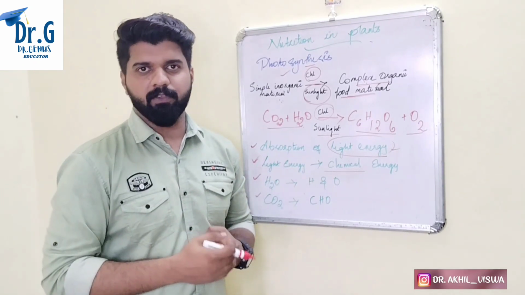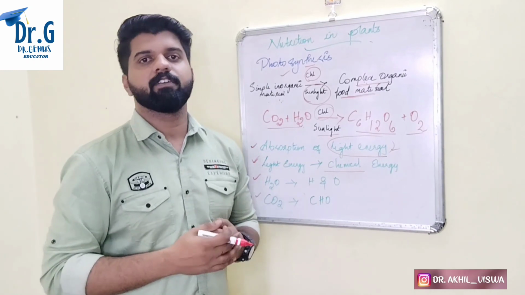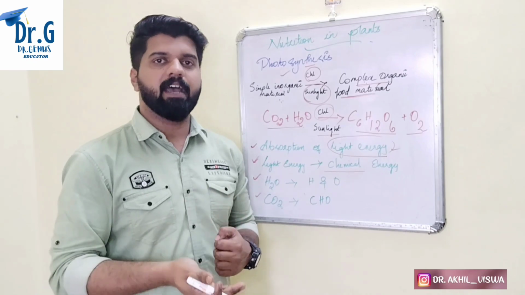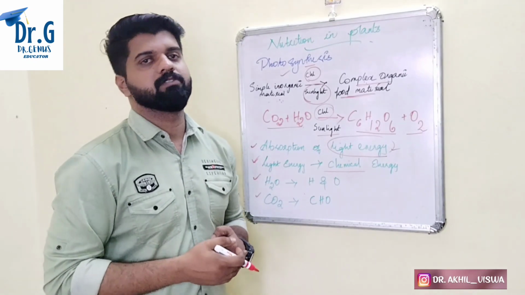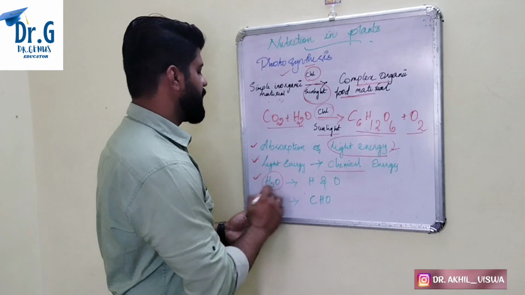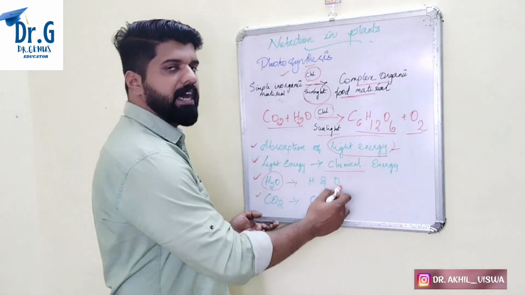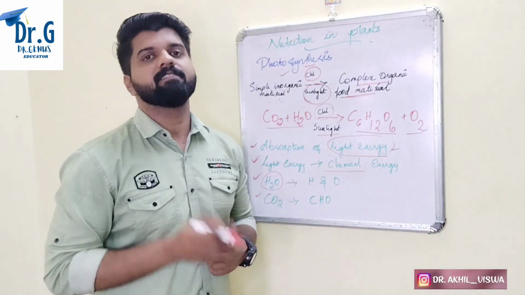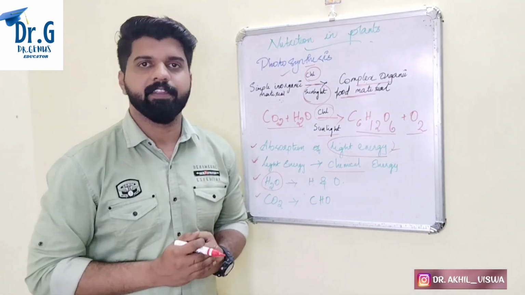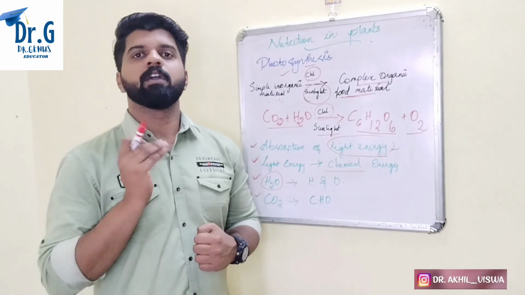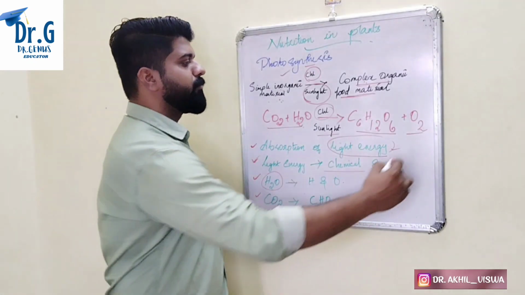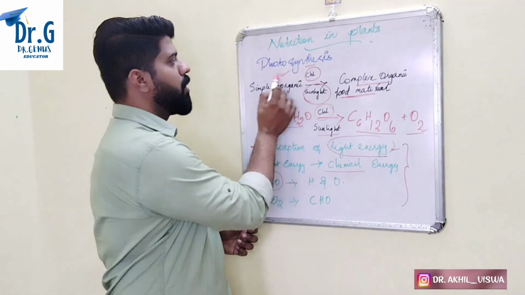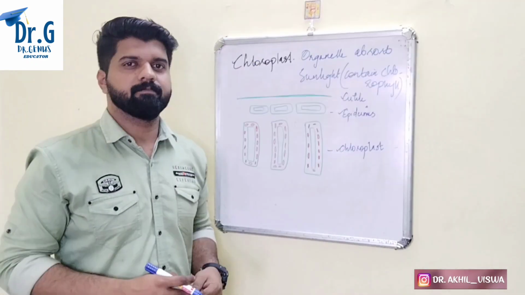Water is a complex molecule, so it should be converted into simple molecules, and then only the organism can absorb them. Finally, carbon dioxide is reduced to form carbohydrate. So these are the four different events that happen in the process of photosynthesis.